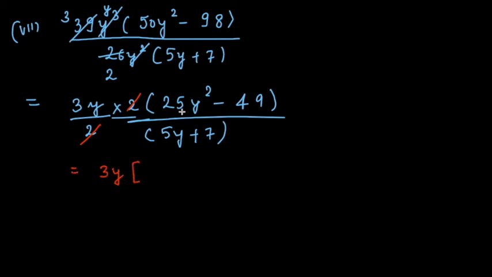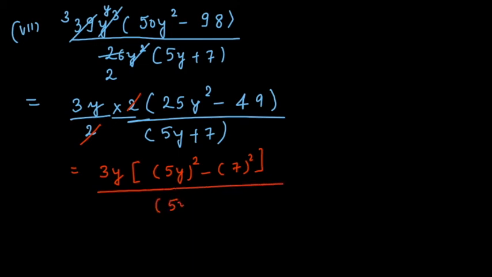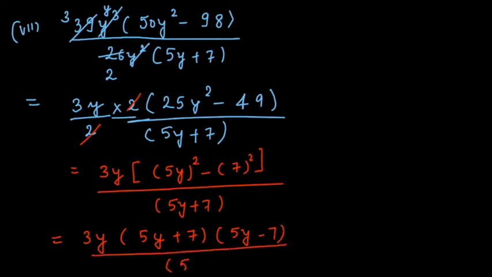If I write it as perfect squares, it gives me 5y whole square minus 7 square, and in the denominator we have 5y plus 7. Now I'll expand the numerator using the identity a plus b, which is 5y plus 7, and a minus b, which is 5y minus 7, and 5y plus 7 as it is. Cancelled it. So I'm getting 3y into 5y minus 7 as the solution of the given question.